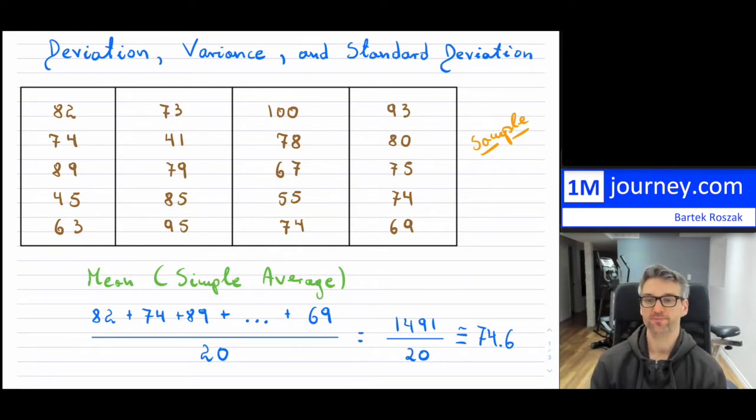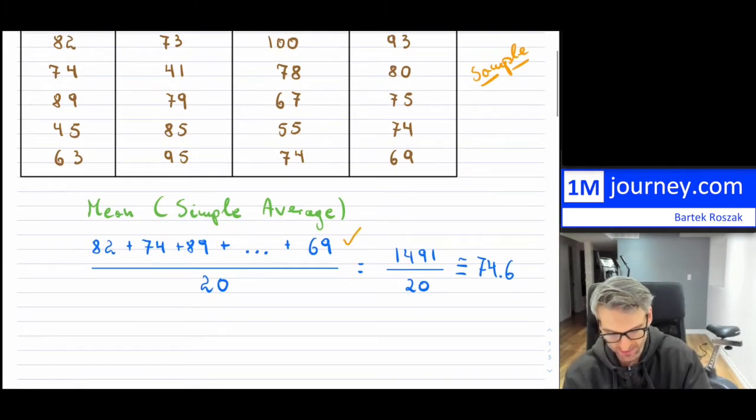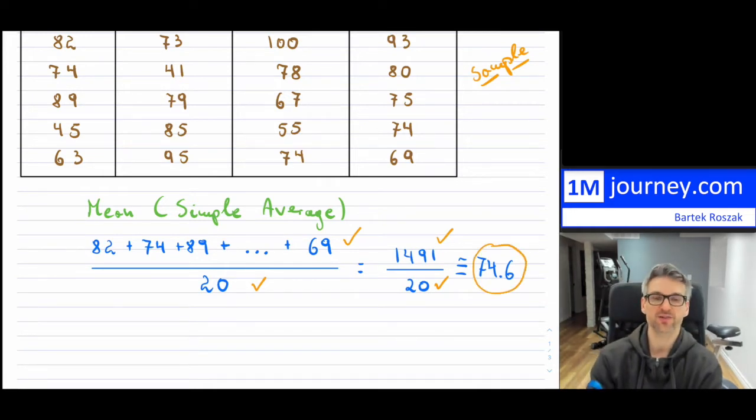And in here, if I would take all of this data, I could calculate the mean by simply adding it all up. So that's exactly what I have done right here. So I've added them up. I have 20 data sample points. And now I have done the division, and the answer is approximately 74.6. It's actually 74.55. I rounded it to one decimal place.